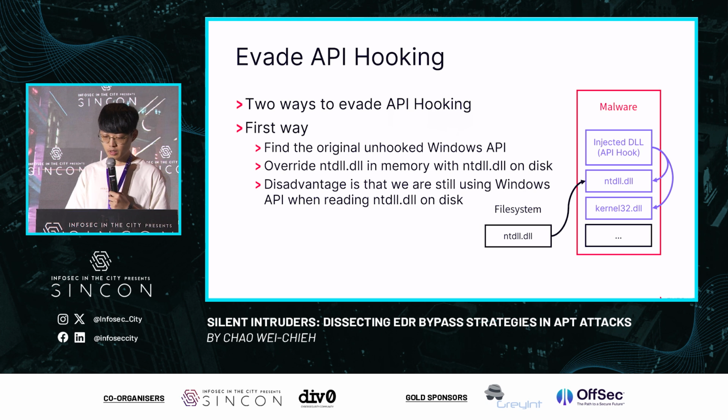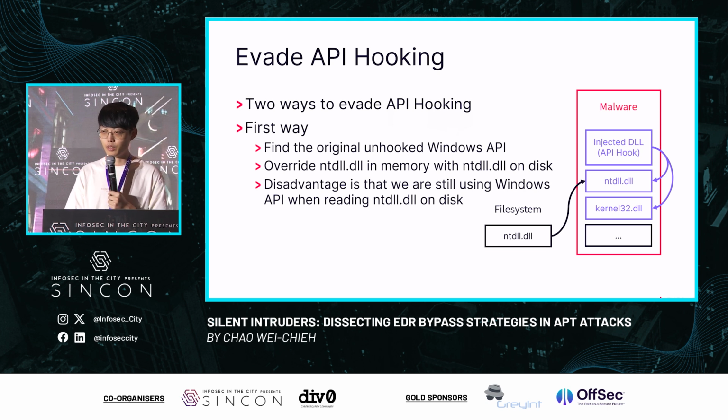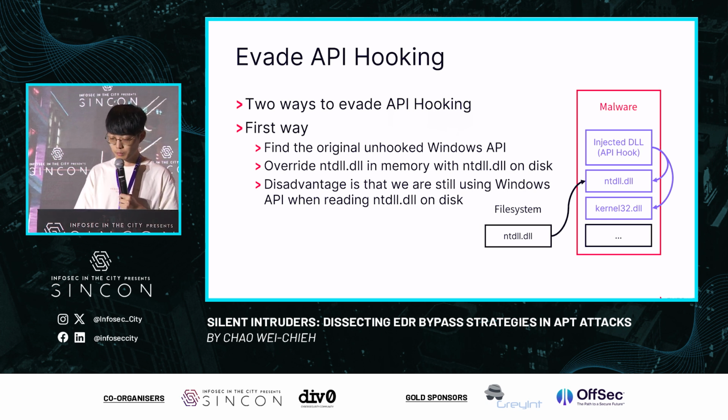But the disadvantage is that when we try to read the NTDLL file, we are still using the Windows API, which is already hooked by EDR. So EDR will find out that you are trying to access the NTDLL, it can get alerted and try to modify its API hooking again.